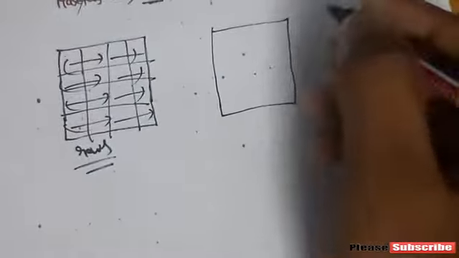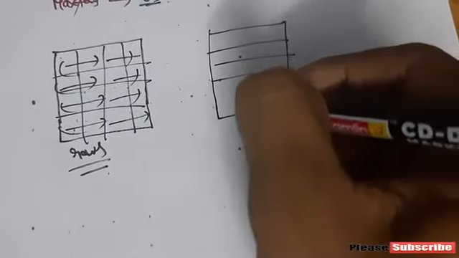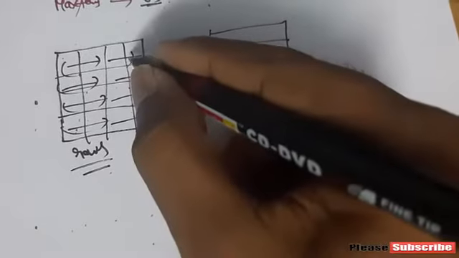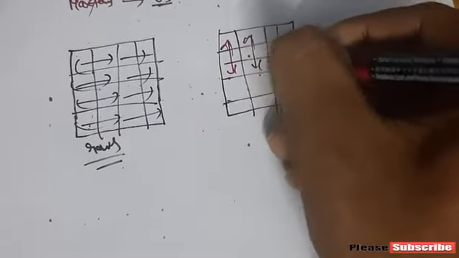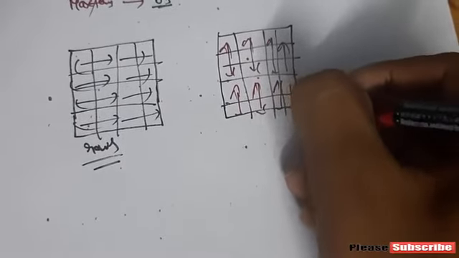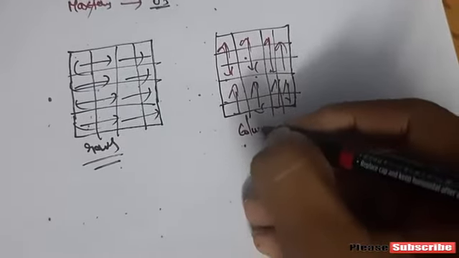This will be said to be the rows. Here, this will be the column operations, or columns. This will be said to be the columns.